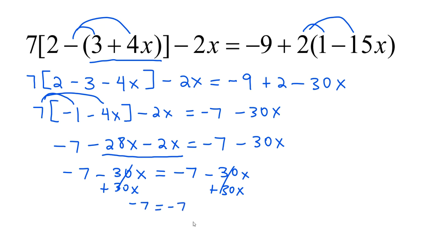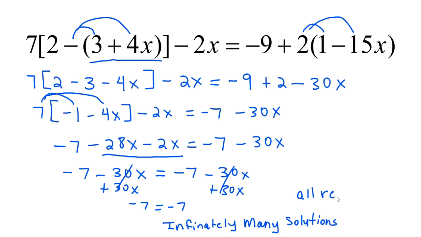Anytime I'm working out an equation and my variables cancel out and I have just numbers, if my numbers make a true statement, then that means that I have infinitely many solutions. Or we could say that our solution set is all real numbers.